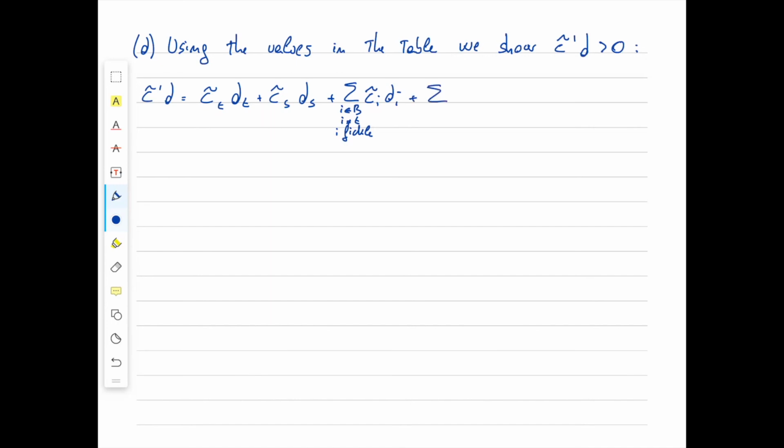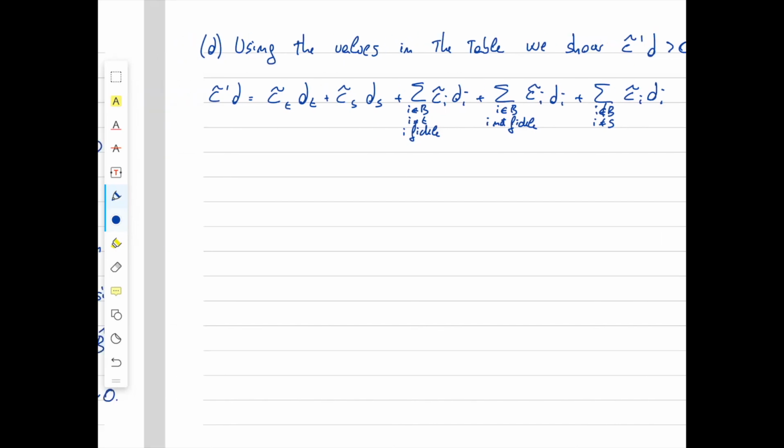Then we have the sum of c tilde i d i now for i in B, i not different from ℓ. And finally we have the sum for i not in B and i different from s of c tilde i d i. So now let's get back to our table and analyze all these products.